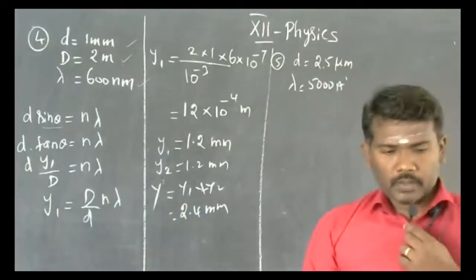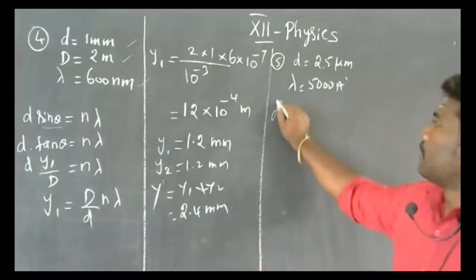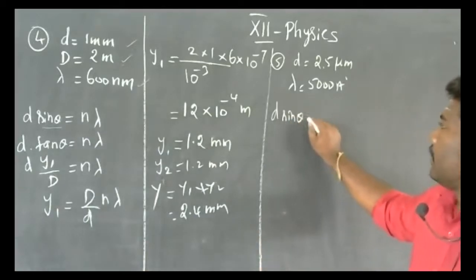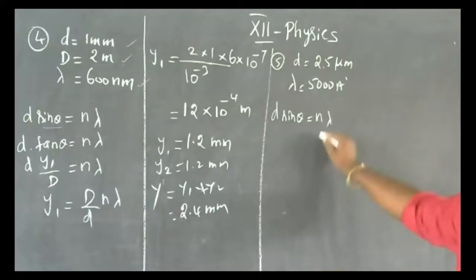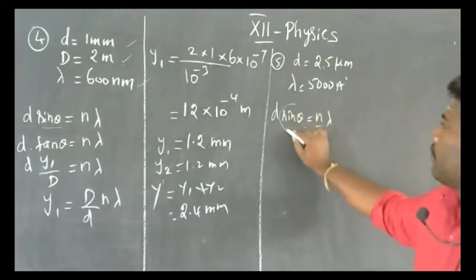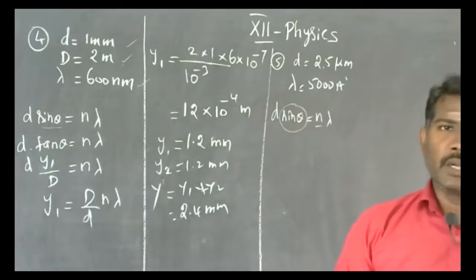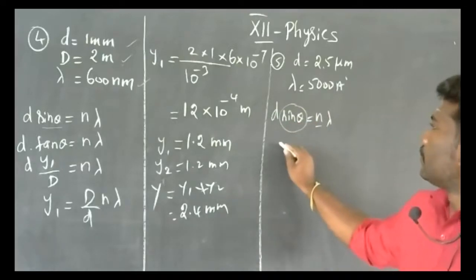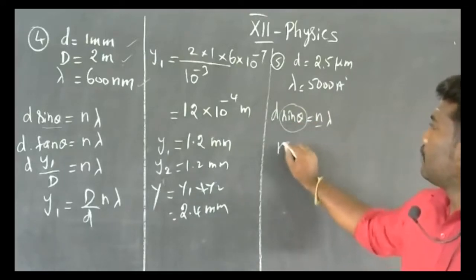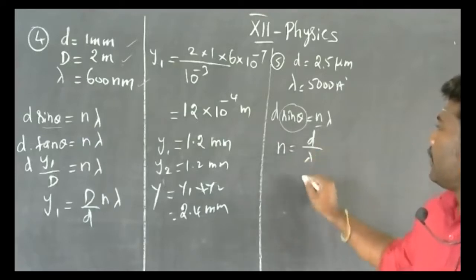This is also related to the single slit experiment, so the formula is the same: d sin theta is equal to n lambda. The n value we are going to calculate. For maximum, the sin theta value is equal to 1. So d is equal to n lambda, and n is equal to d divided by lambda.